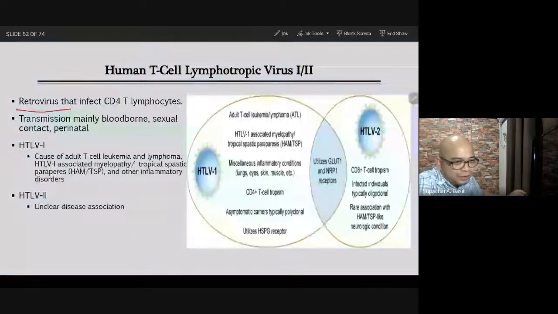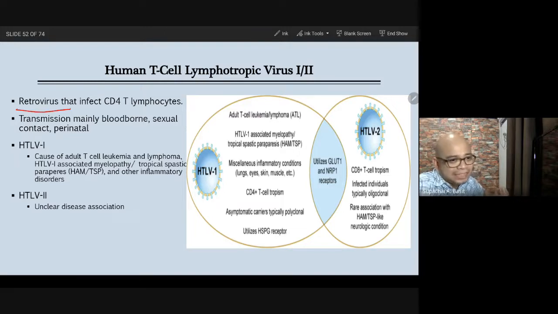It is the cause of adult T-cell leukemia and lymphoma, HTLV-1 associated myelopathy, tropical spastic paraparesis, and other inflammatory disorders. This one is the only virus that can cause leukemia, HTLV-1.